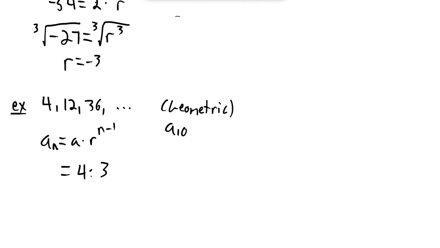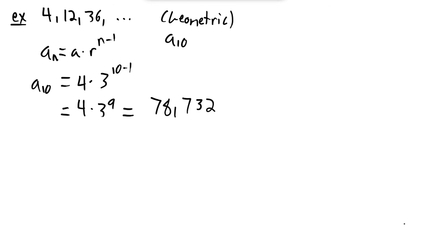So this is going to be 4 times 3 to the 10 minus 1, because we're looking for a sub 10. And this is going to come out to be something really large, 4 times 3 to the 9th. So we're going to put that into our calculators, figure out what that's going to be equal to. And it turns out our 10th term is going to be 78,732.